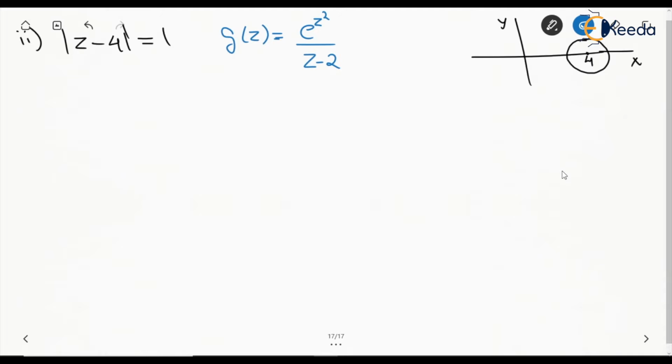We know that the numerator, e to the power of z square, is an analytic function, and the denominator, z minus 2, is going to have one singularity, and that singularity is z equal to 2. This is the point at which g of z is not analytic.